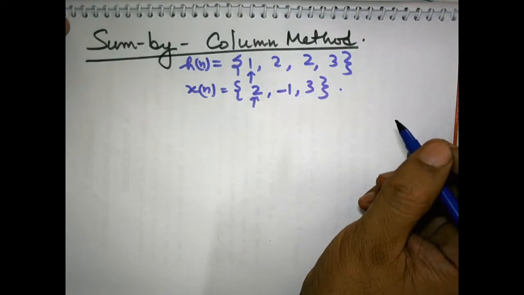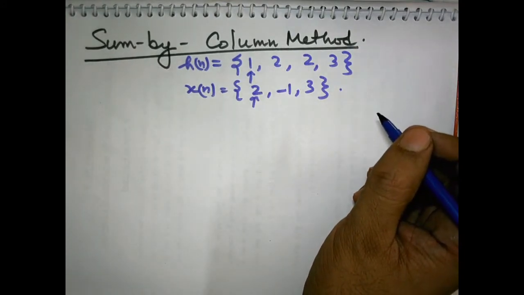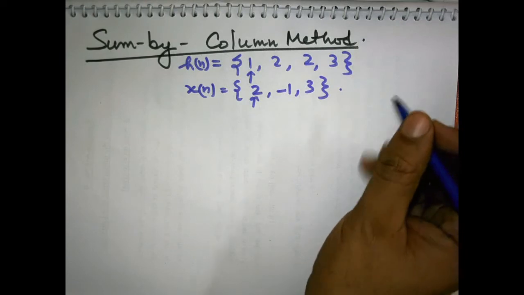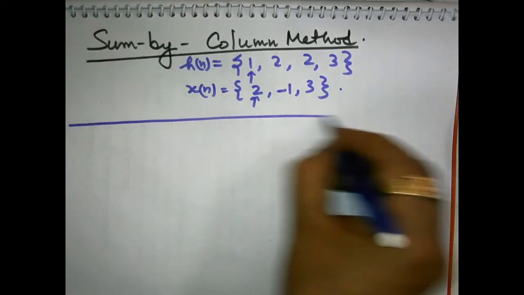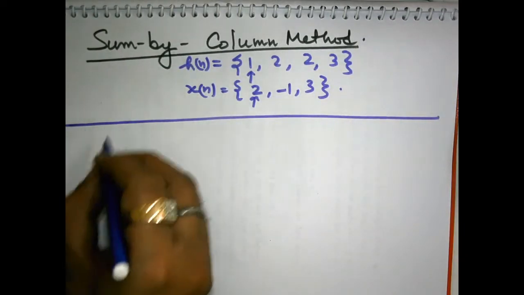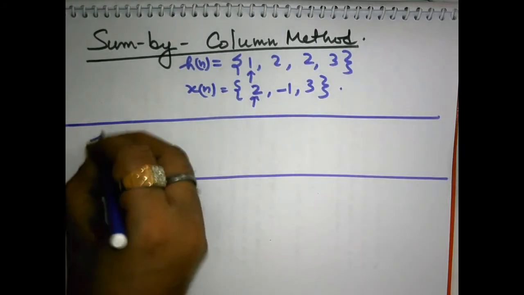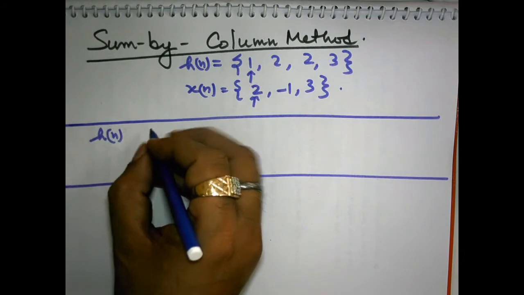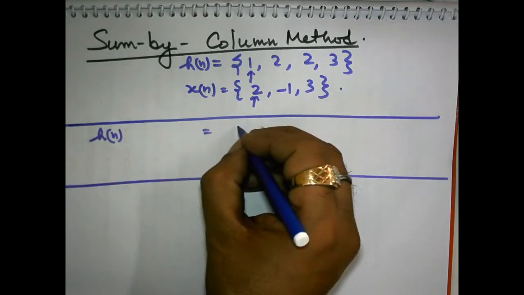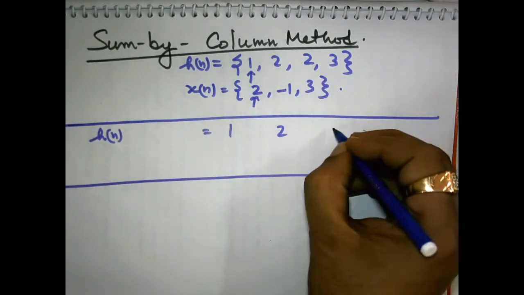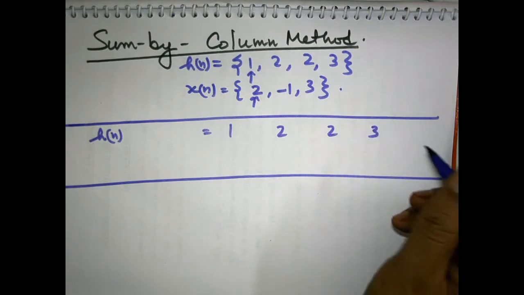This is xn. Okay. Now in the sum by column method, what we do is write down the impulse response in a row like this. Suppose hn is 1, 2, 2 and 3.